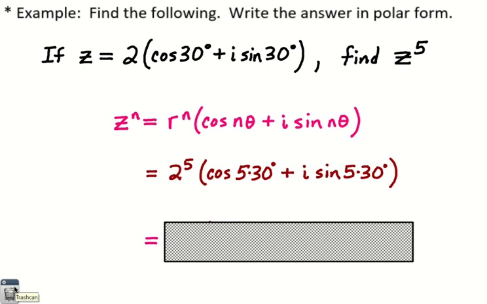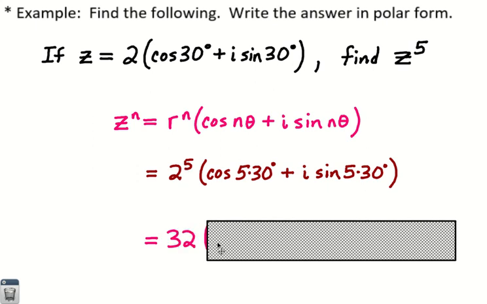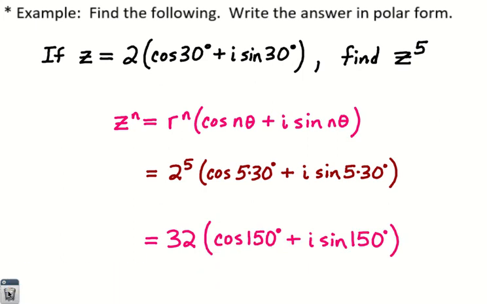Very simple formula, right? So what is 2 to the fifth power? That's 32. And then we just have to do 5 times 30 degrees to get 150 degrees.